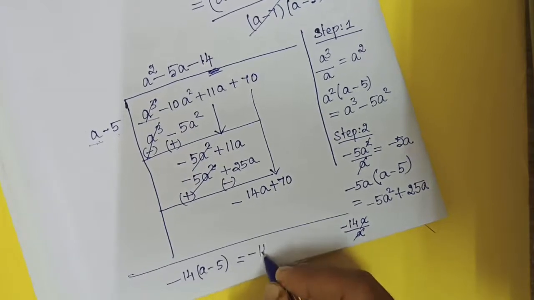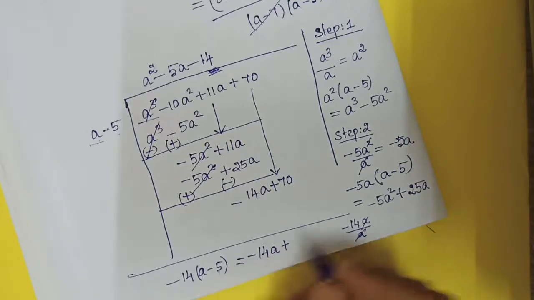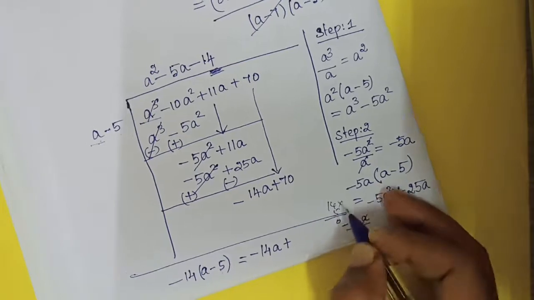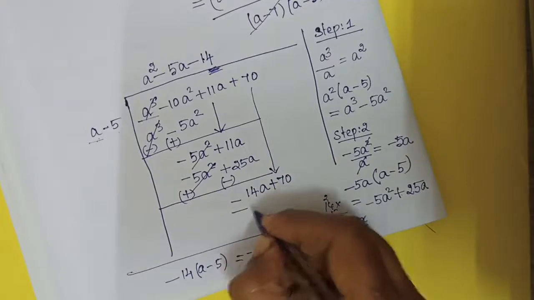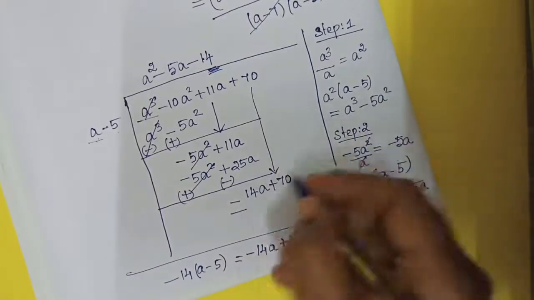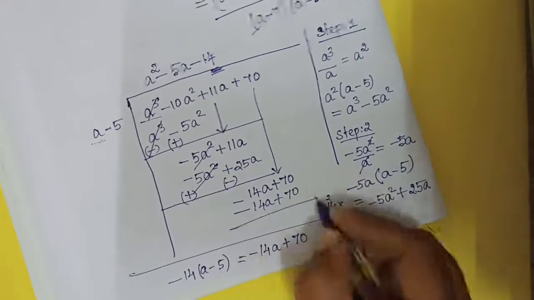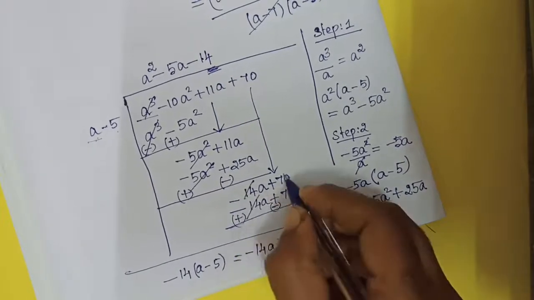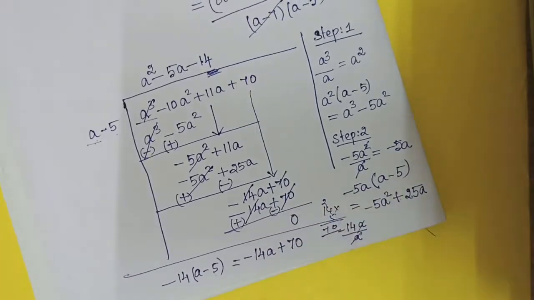So minus 14a plus 14 into 5. 14 5s are, what is the answer? 70. Correct. So here minus 14a plus 70. Now I am changing the sign. So both the terms will cancel and we are getting the remainder as 0.